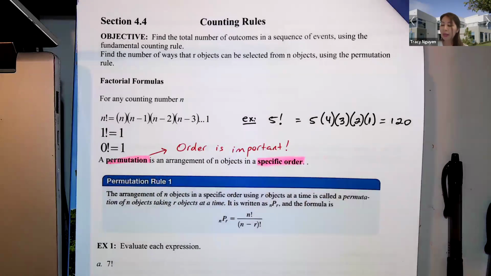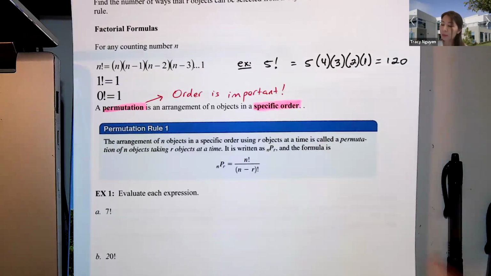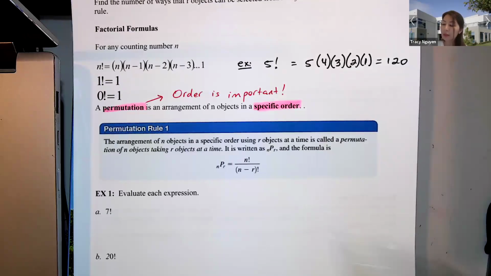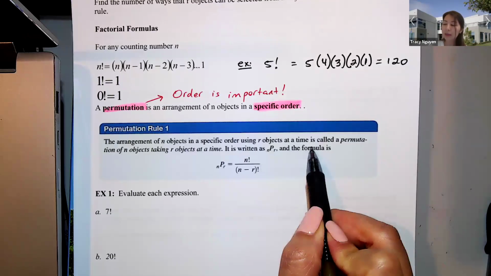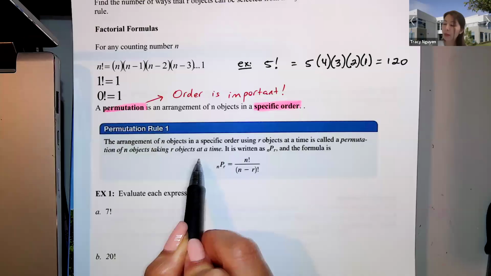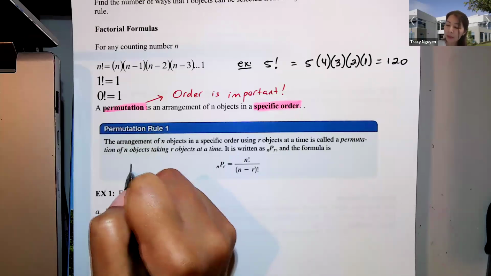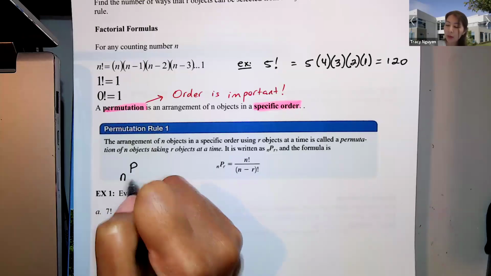All right, so we have a permutation rule. The arrangement of n objects in a specific order using r objects at a time is called permutation of n objects, taking r objects at a time. The way we write permutation is like permutation of n choose r.